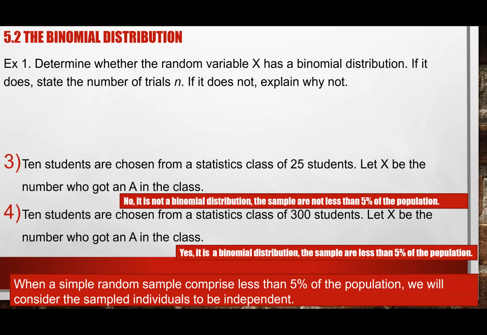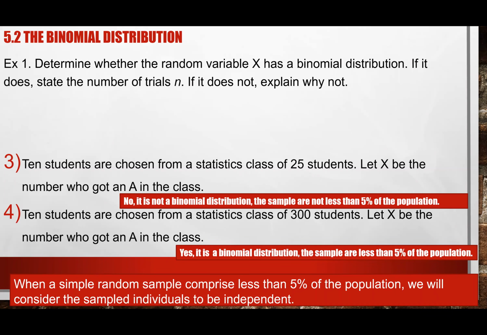So when we deal with this data, if the sample we take out is less than 5% of the population, then it is assumed to be a binomial distribution. Okay, so those are the only 2 different criteria you need to look at to verify a binomial distribution.